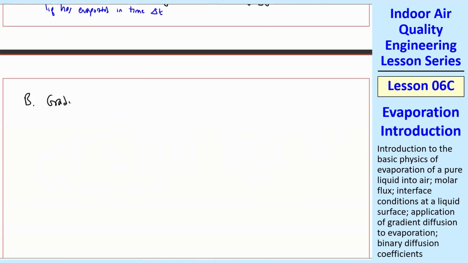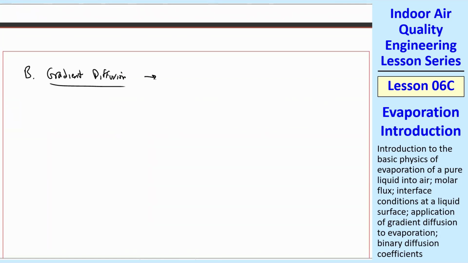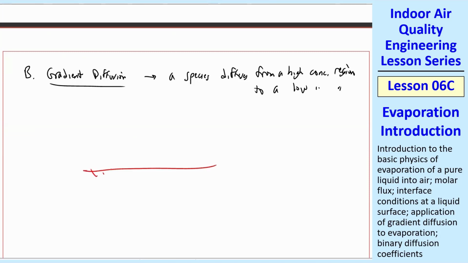The second way is from what I introduced last time, the gradient diffusion analysis. Recall, one of the main takeaways from that lecture was that a species diffuses from a high concentration region to a low concentration region. Again, if I draw the surface, and here's my Yj as a function of Z, this is Yji at the interface.